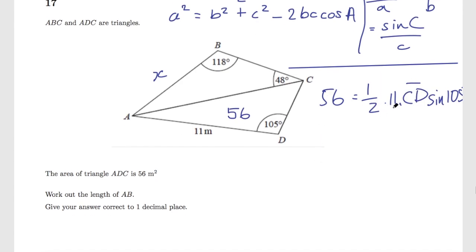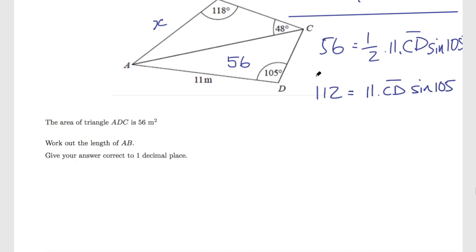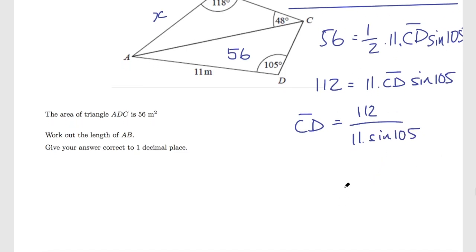So firstly, let's multiply 56 by 2, so we get 112 equals 11 times CD times sine of 105. And then if we divide, what we end up getting is CD equal to 112 divided by 11 times sine of 105. So I've just rearranged that formula.